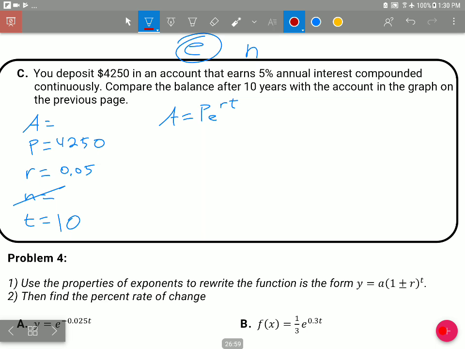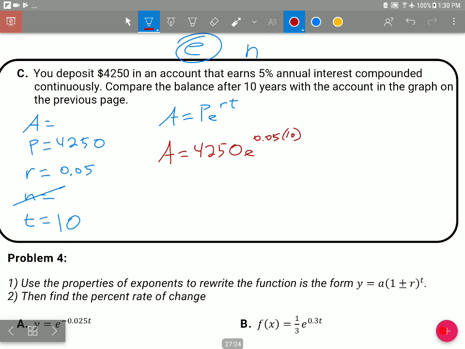All right, what did you write? A equals 4,250 times 0.05. It's just E to the power of the rate times time.